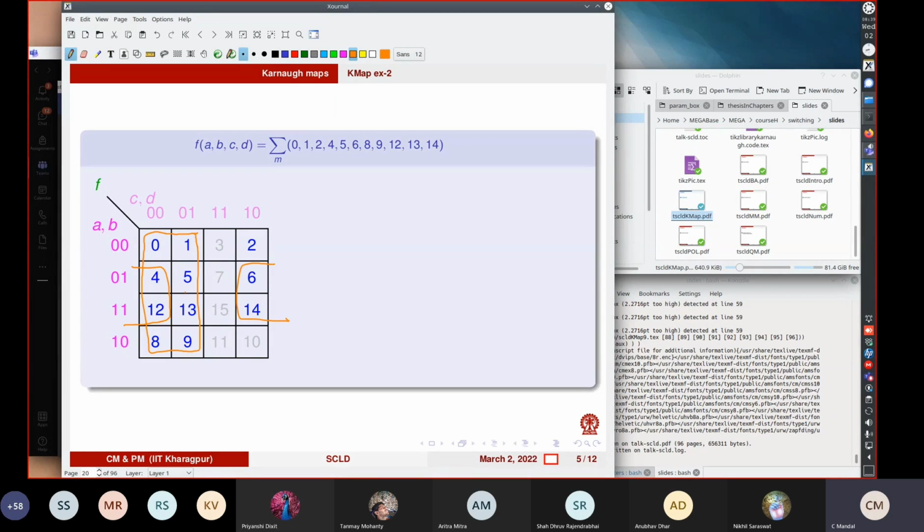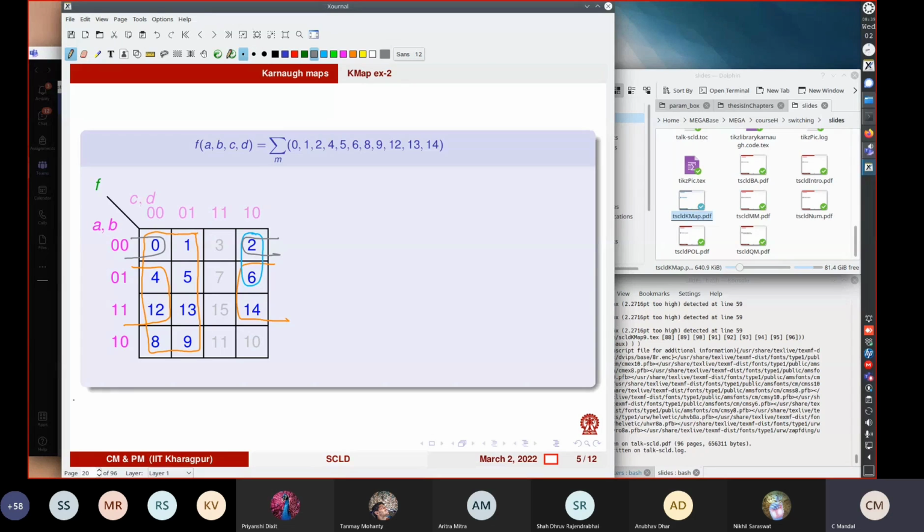And then you got some options with 2. You could group 2 with 6, or you could group 2 with 0. Both are possible, and both of them give you a solution with the same cost.